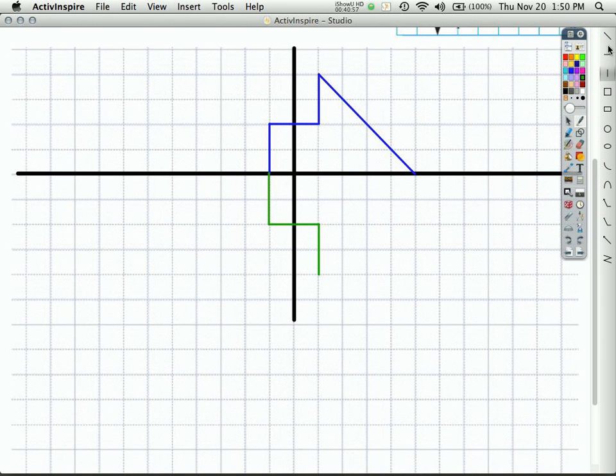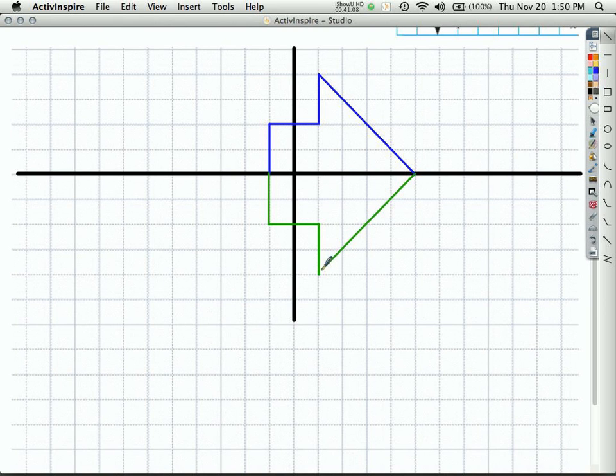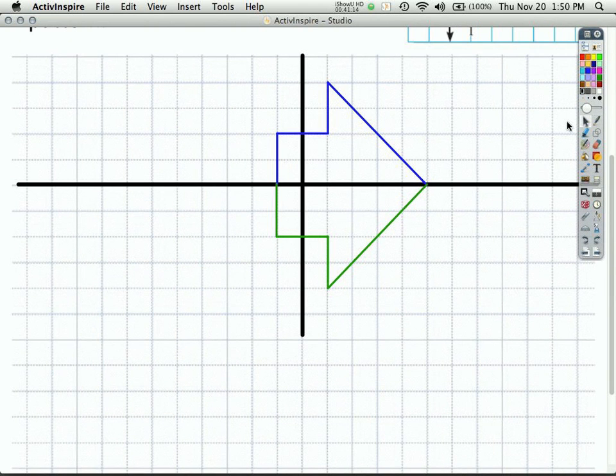And then again, connect it to 5 on the x-axis. And we should end up with a perfect reflection. Does anyone have any questions about how we did that?